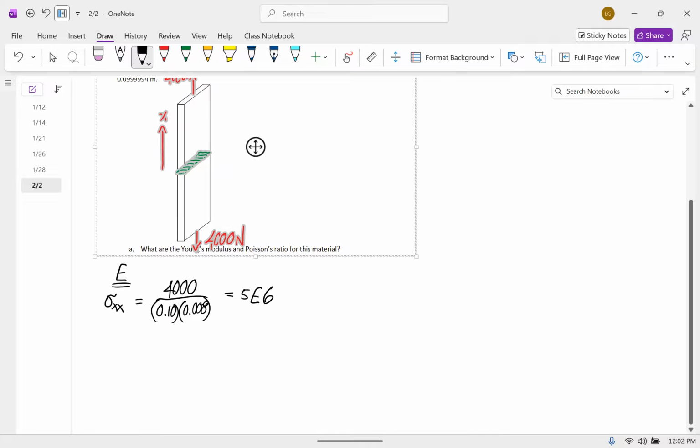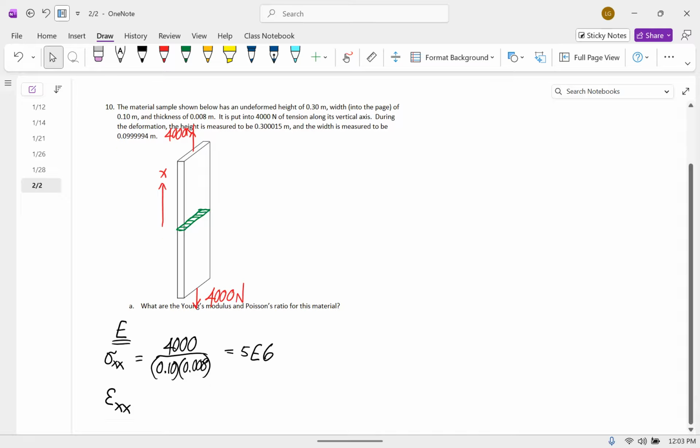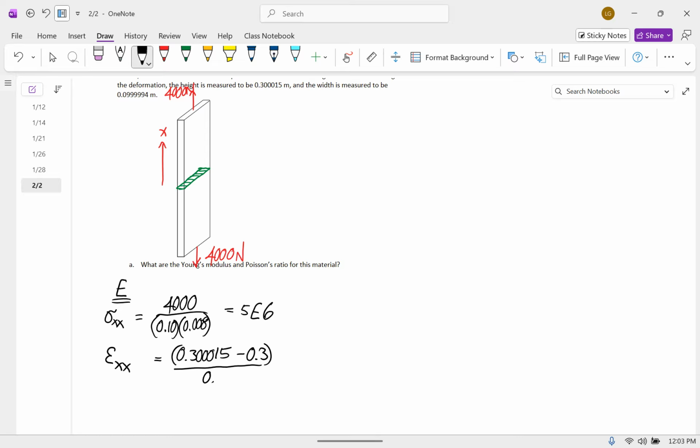And then we need the XX normal strain. So that is how much it stretches divided by the original length. So to measure how much it stretches, that is 0.30015 minus the starting length divided by the starting length. That's 1, 2, 3, 4 zeros. So that is 5 times 10 to the minus 5.